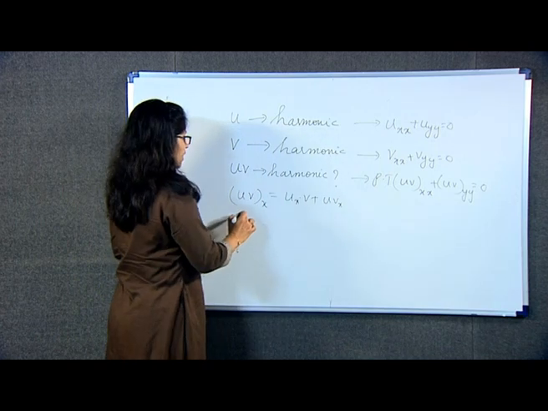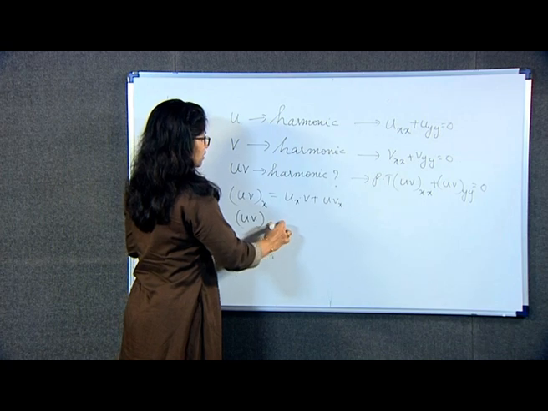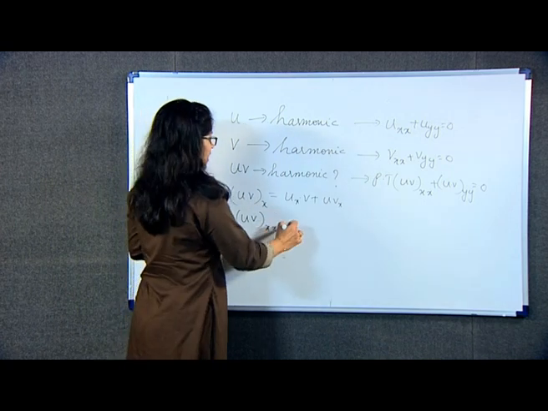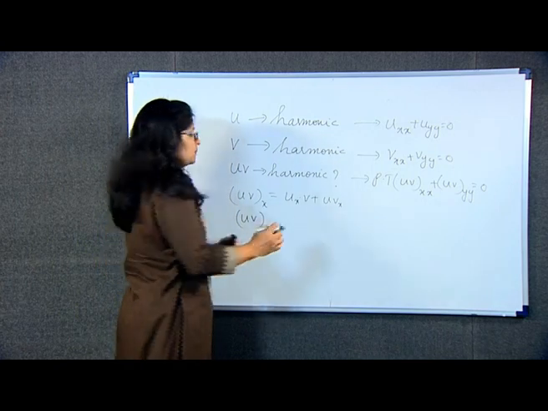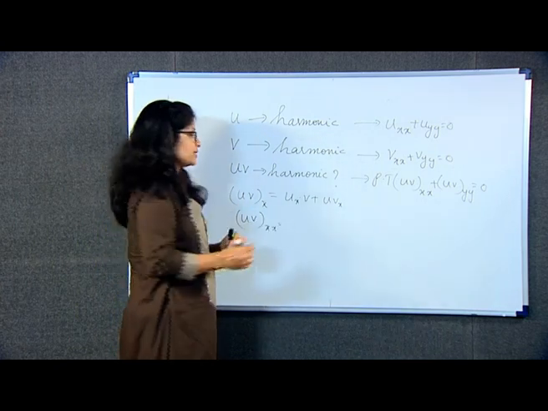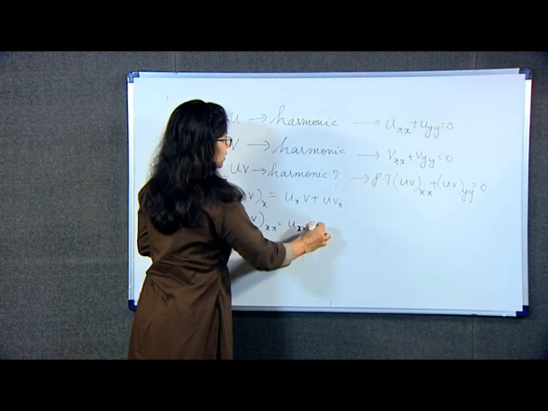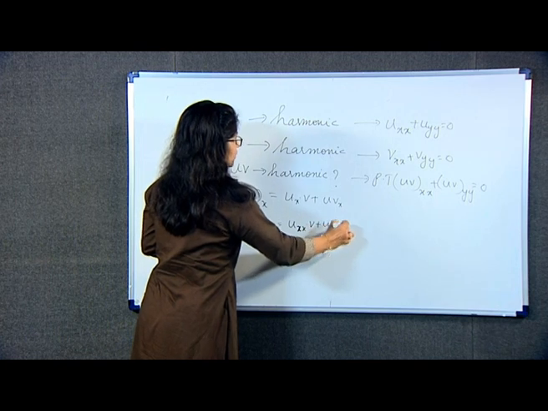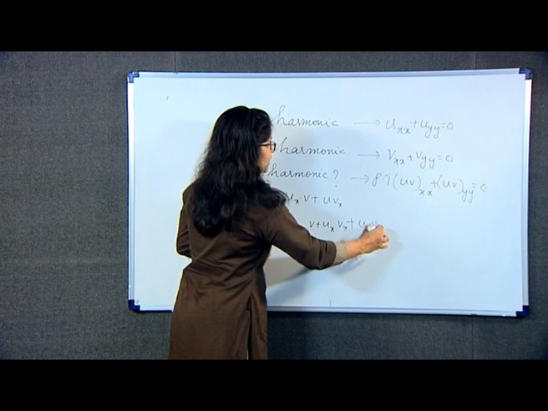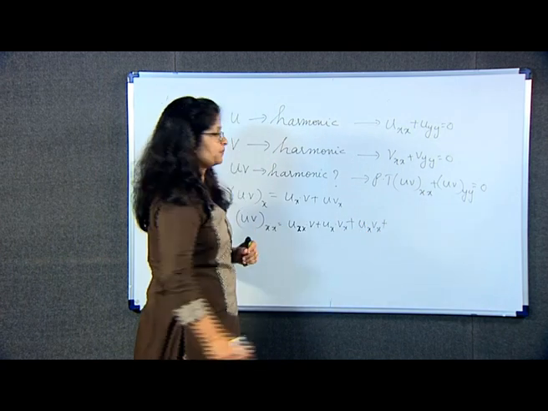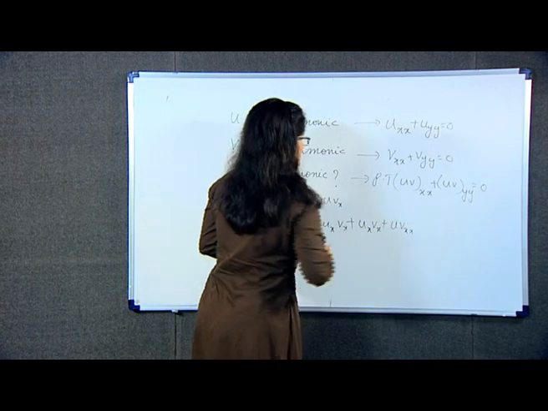So, I differentiate it again with respect to x to get the second order partial derivative. I will have to apply the product rule again for both of these terms. So, I have u x x into v plus u x into v x plus u x into v x plus u into v x x.